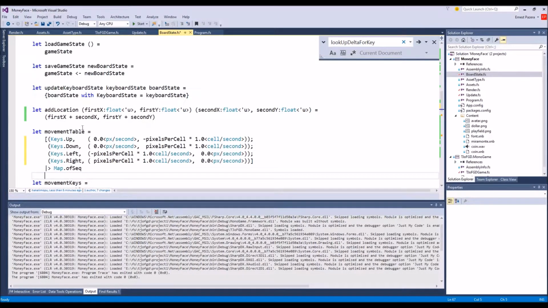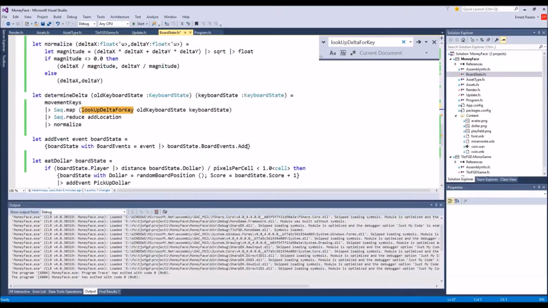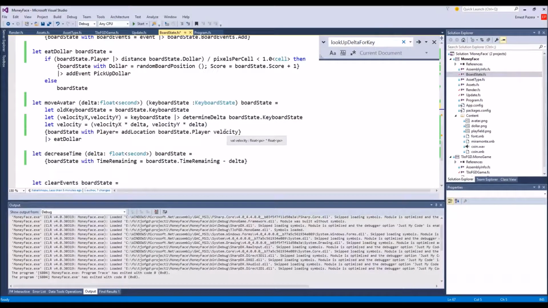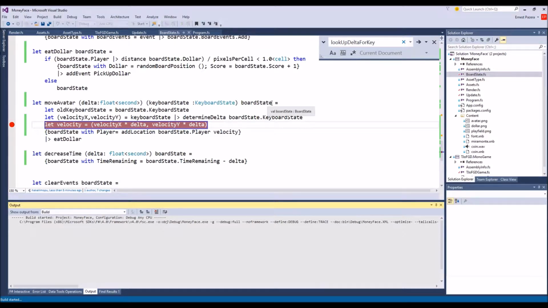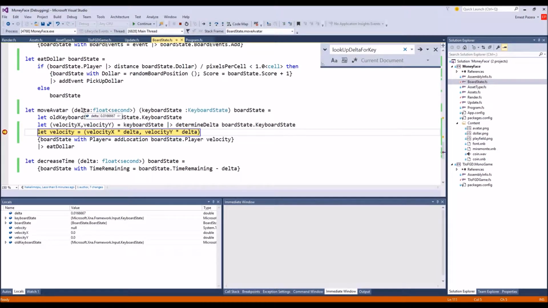So we should have the movement table pixels per second. So that's the number of seconds. Do we not? Velocity equals. So our delta here. How big is our delta? Curious. So what's our delta? Not very much.